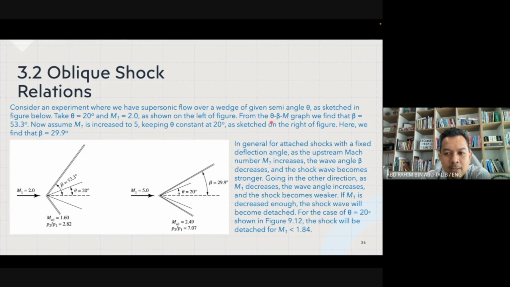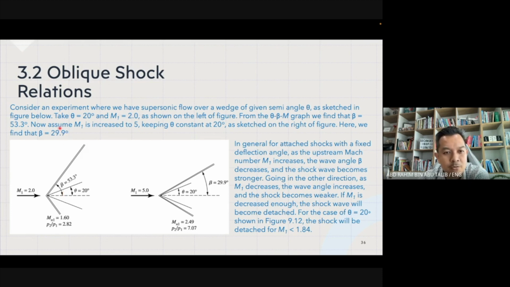From the theta-beta-M graph, we find that beta is 53.3. This value of beta is read from the graph: you use the value of Mach number, the value of theta, and you read the corresponding beta value, which is 53.3 degrees.